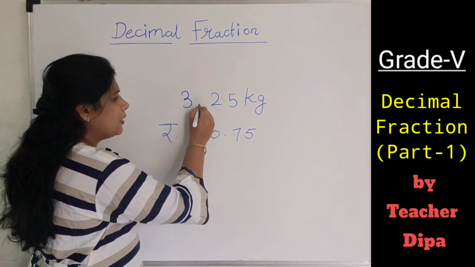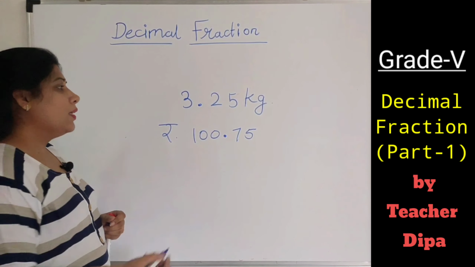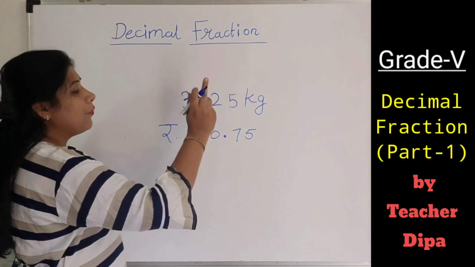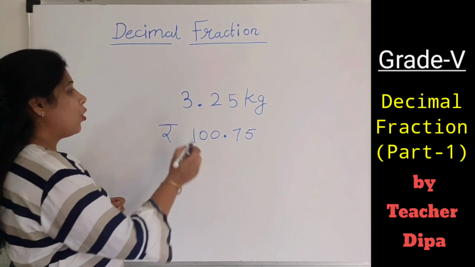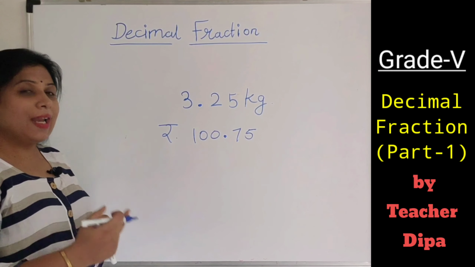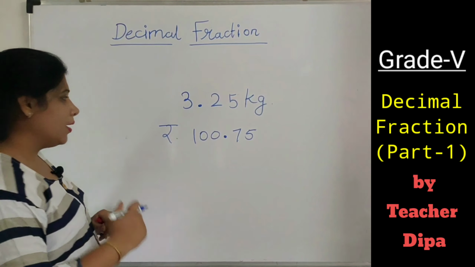What are these points indicating? This decimal point is telling you the weight of that material is 3 kilograms and 25 grams. Likewise, the price of the thing which you are buying is rupees 175 paisa.